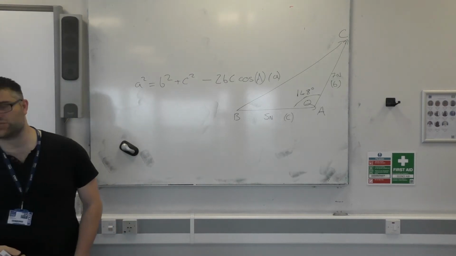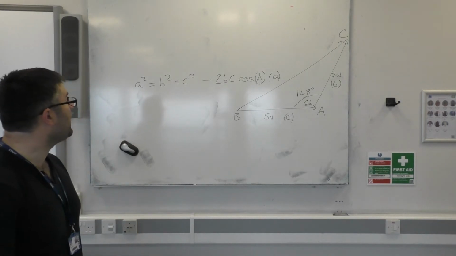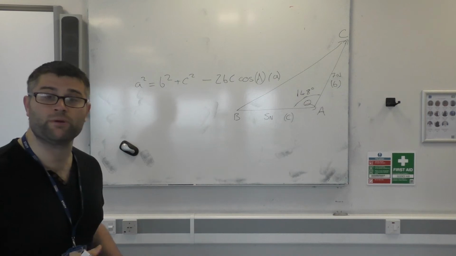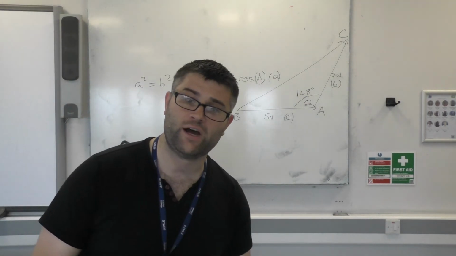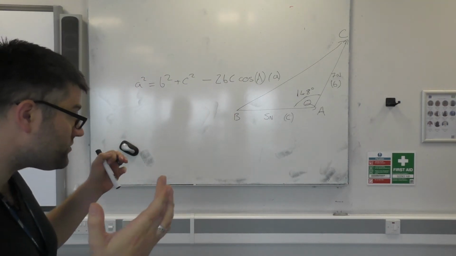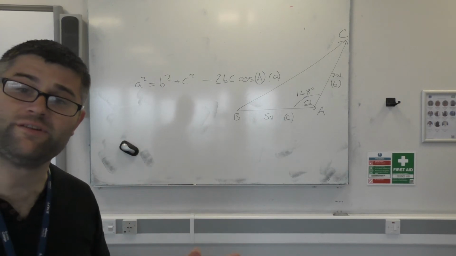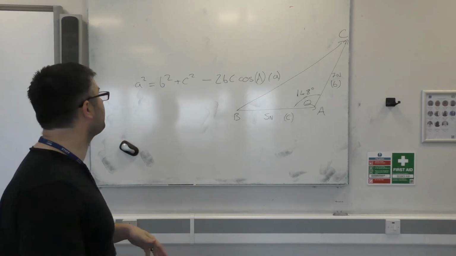So here we have a situation where we've got the cosine rule and we've got a lot. Now this is probably one of the biggest equations you've seen so far, and there's lots of terms. But funnily enough, you know everything you need. You've got everything.